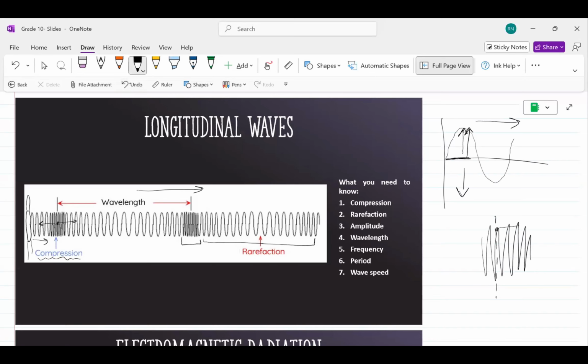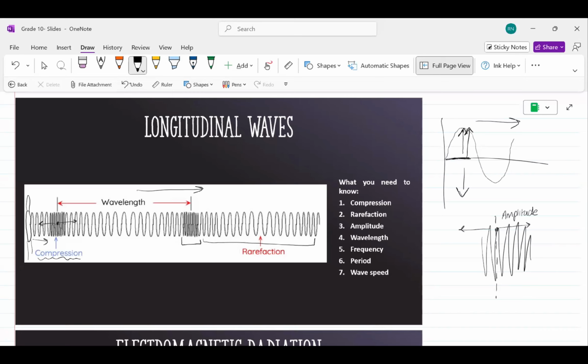And your particle will be moving from there to there. They'll just be moving left to right. And this will be your amplitude. But they rarely give the longitudinal one, but just so you know what the amplitude looks like, because your particle is just moving from left to right, this is the amplitude that your particle will have.